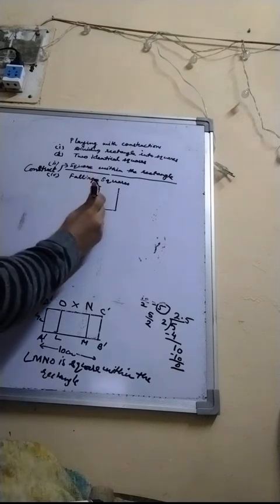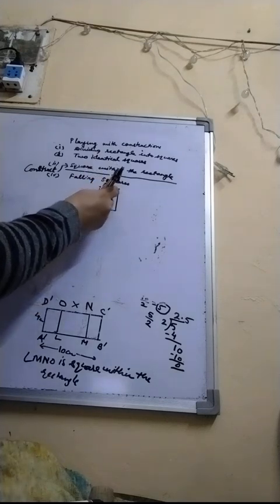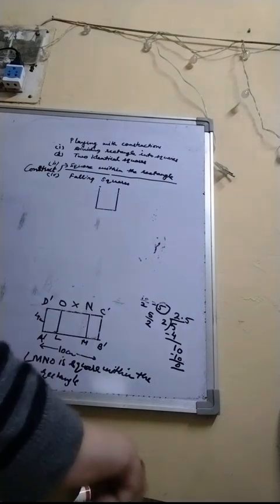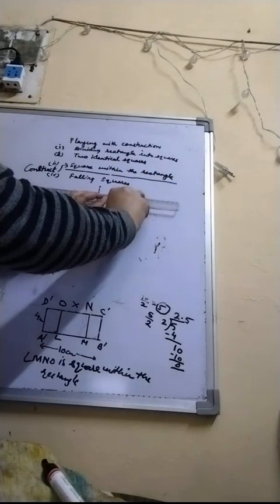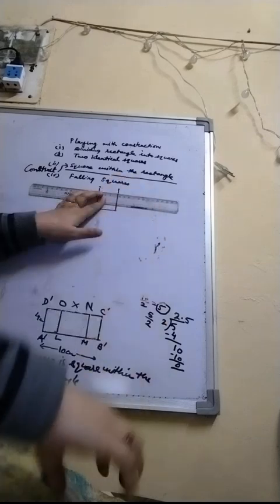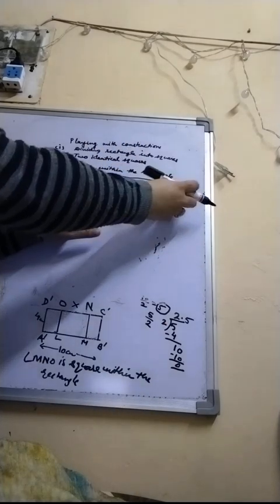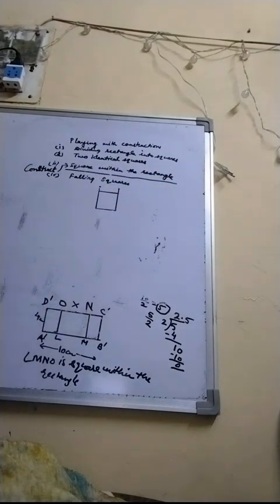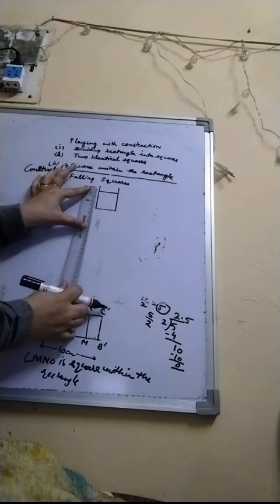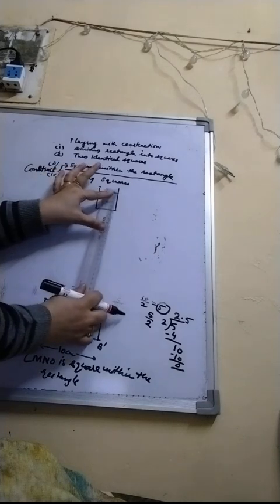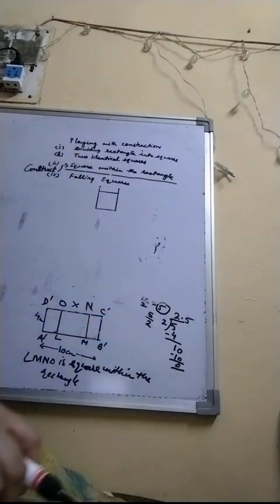Then mark a 4 centimeter arc and complete the square. You know how to make a square, so use the compass, or you can even use the ruler if you want to. You can directly put 4 centimeter here and 4 centimeter here, and use the protractor to draw the arc.